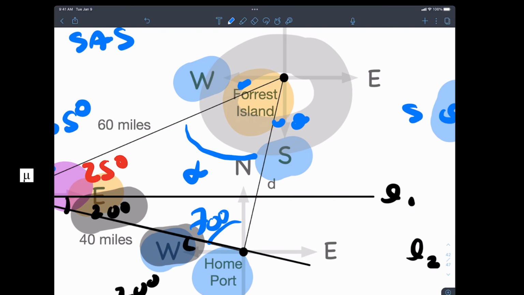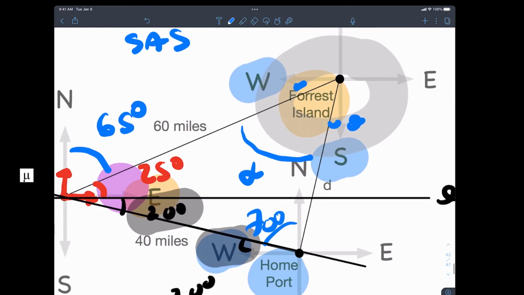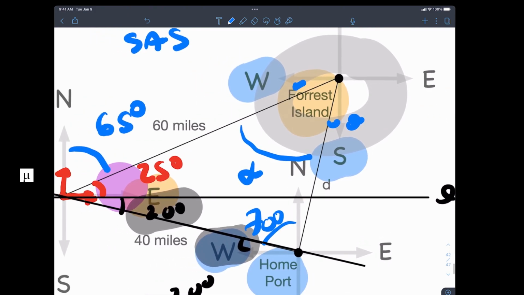Well, what angle is that? Is that 25 degrees? So, in other words, if that measures 25, that means this measures what? 25. Is that true?